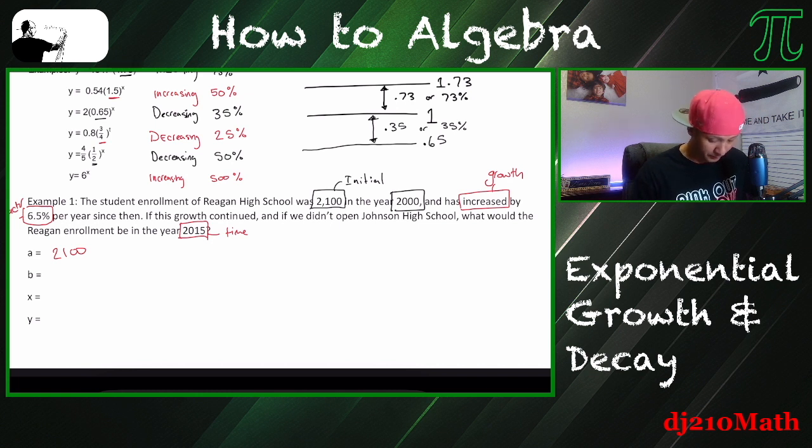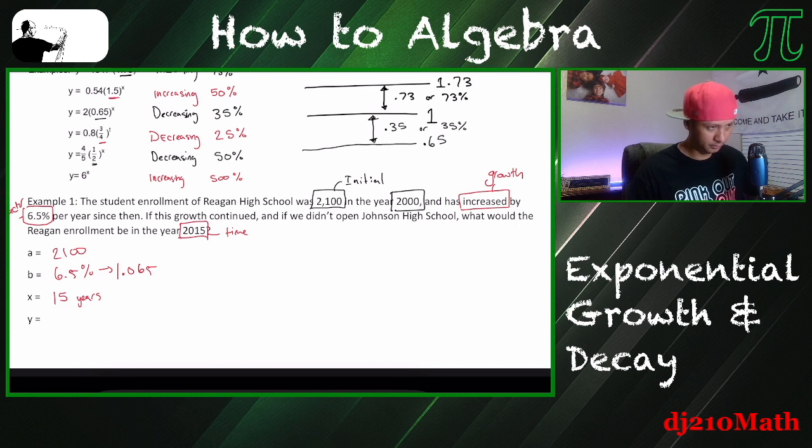The growth factor, the b value, is 6.5%, which if we move the decimal 2 places to the left, gives us 0.065. But we want it to be growth, so it has to be bigger than 1. So we're going to add 1. And then x is time. From the year 2000 to the year 2015 is 15 years.